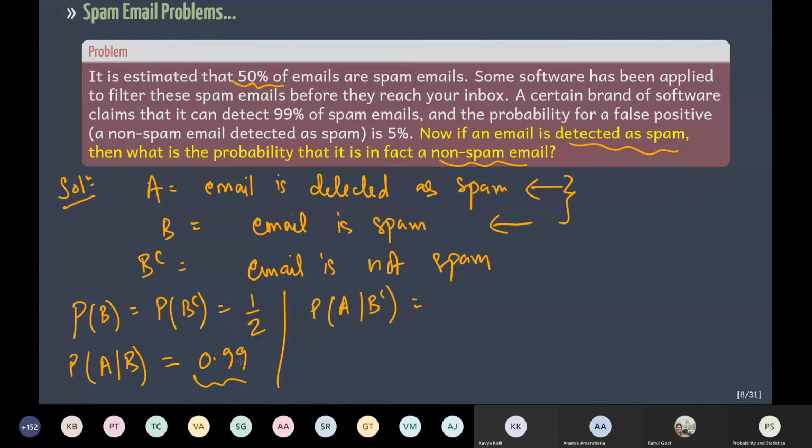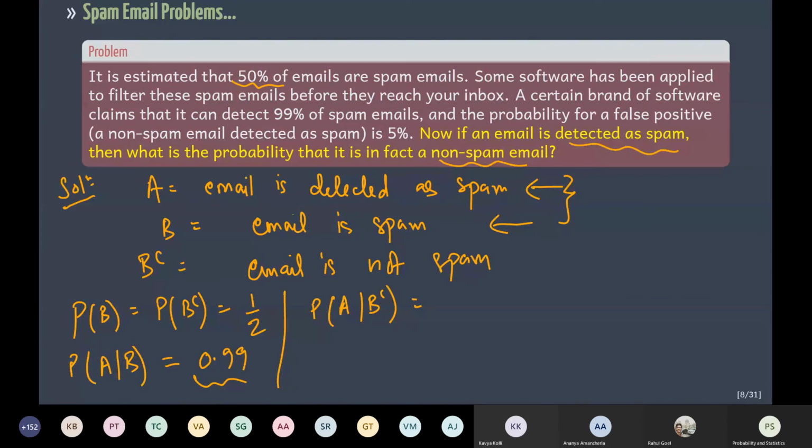And the probability of A given B complement. You cannot say that this is 1 minus the previous one. This is actually given to us. The probability of A given B complement, in words, is the probability that an email is detected as spam given that the email was a non-spam.